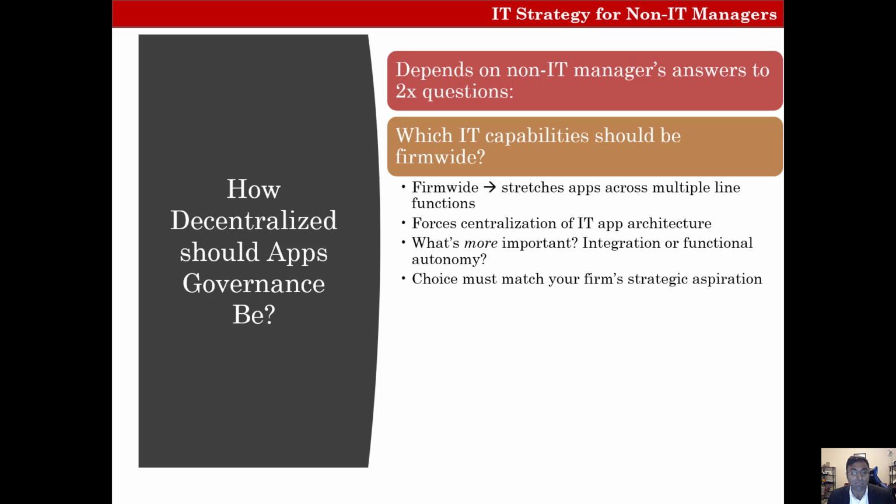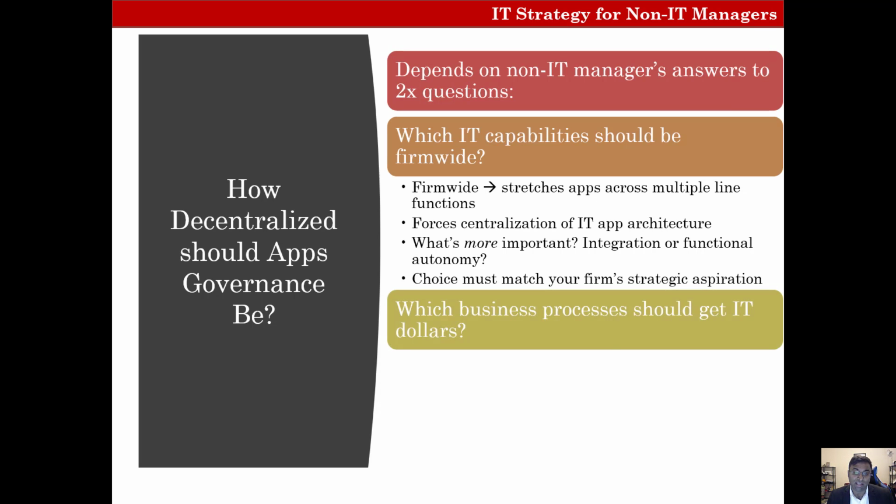When applications are firm-wide, they stretch across multiple line functions, and therefore you need centralization of the IT app architecture. And also, what is more important, integration across the firm or functional autonomy? That must match your firm's strategic aspirations.